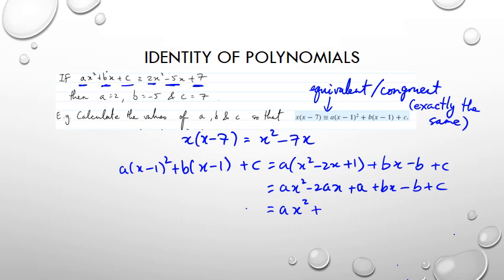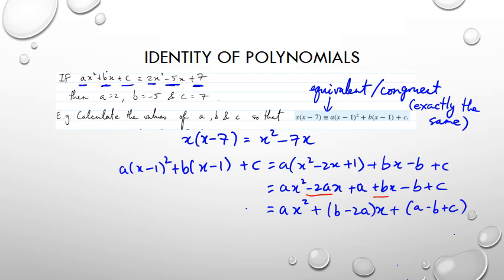If you have a look at the x's, so we have a negative 2a as a coefficient and also b. So we're going to group that together. So it's b minus 2a that are coefficients in front of x. Then the last bit we have a, negative b, and plus c. So then you have a minus b plus c.